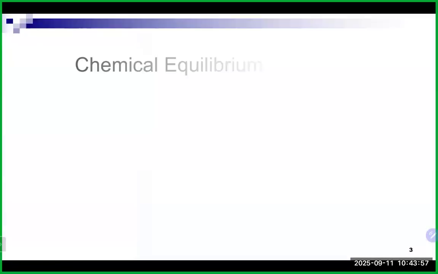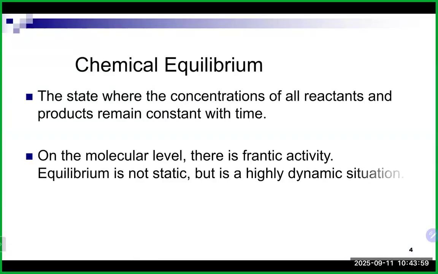So when we talk about equilibrium, as I mentioned, one of the things that's also hard for people to understand is that on the molecular level, there is a lot of activity happening. But when you look at your beaker, it may look like it's over, right? So you may do a reaction that produces, say, a red solution at equilibrium.